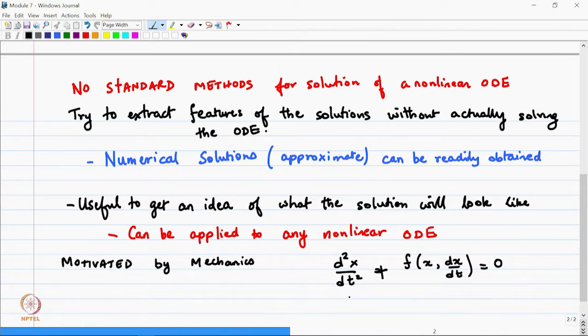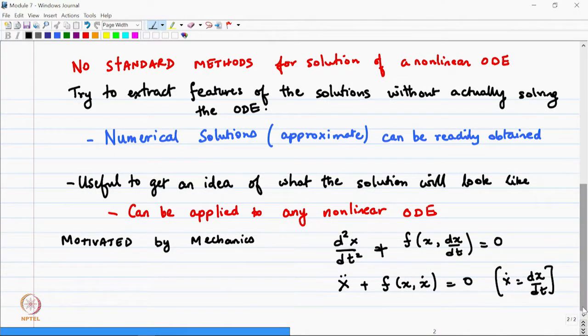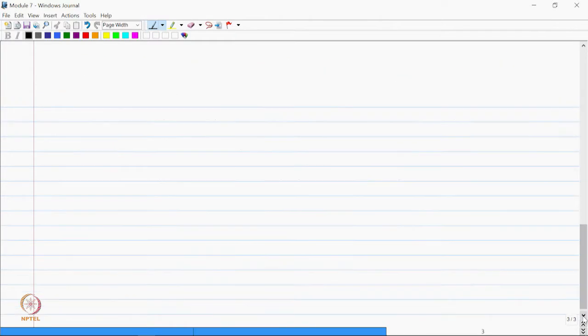You can also write this in a short notation, which will be extremely useful: x double dot plus f of x x dot equal to 0, where x dot equal to dx by dt, and x double dot is the second derivative. Okay, so we will primarily be looking at equations of this form, and we will be seeing what the solutions look like. So in order to introduce these solutions, the first important concept is that of a phase plane.